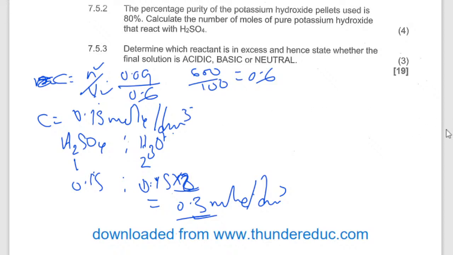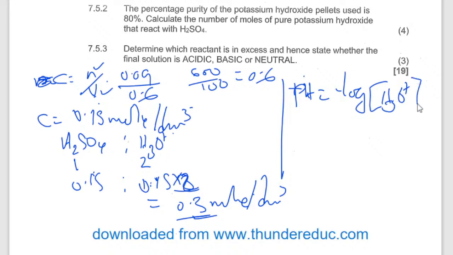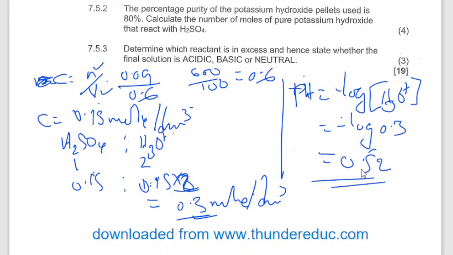So since I've got the concentration, I'm going to apply my formula that pH is equal to negative log of the hydrogenium ion concentration, which is negative log of 0.3, and then the answer gives you 0.52 as the pH.